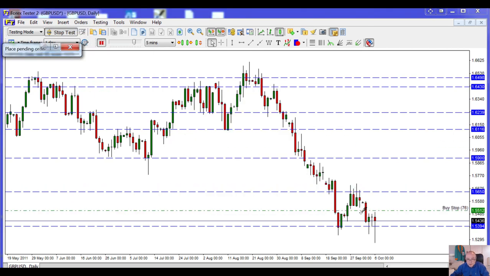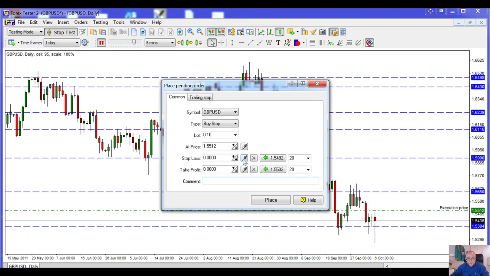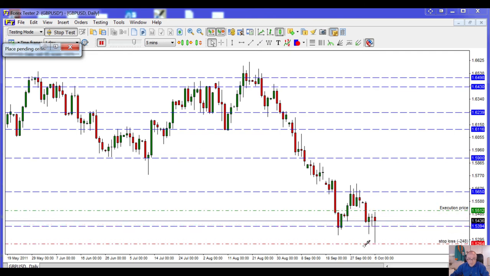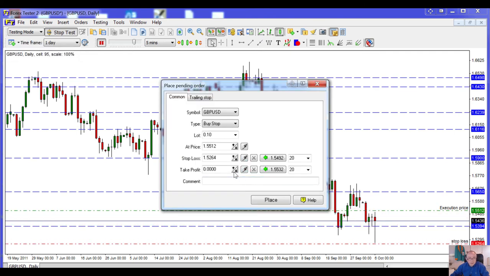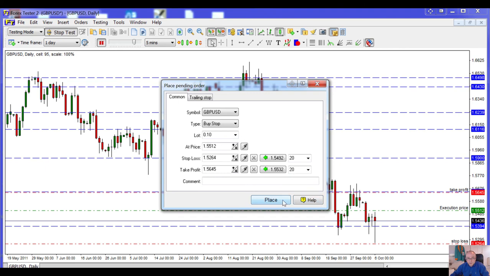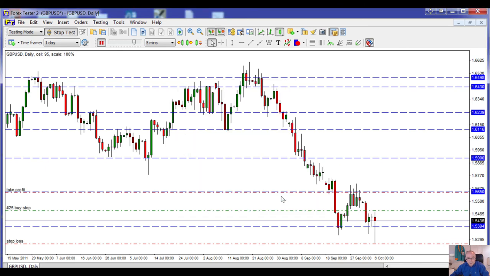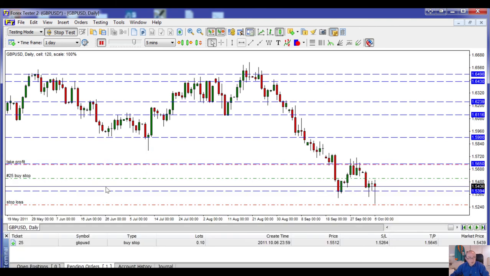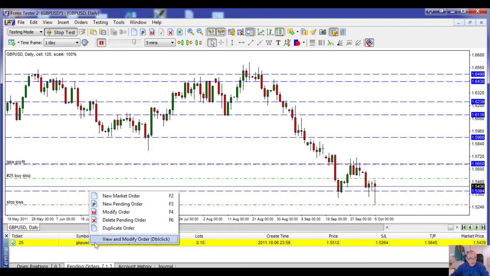We'll be placing that just 5 pips above the wick, and the stop loss order will be 5 pips below the wick, and our take profit target is going to be at this first level of resistance. And indeed we can place a 2 exit strategy here.